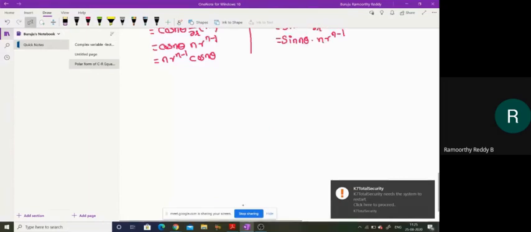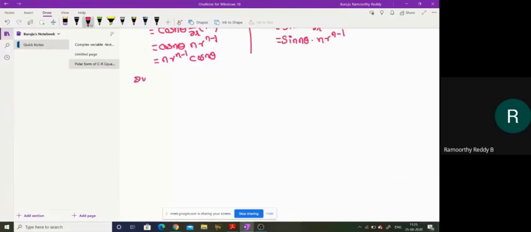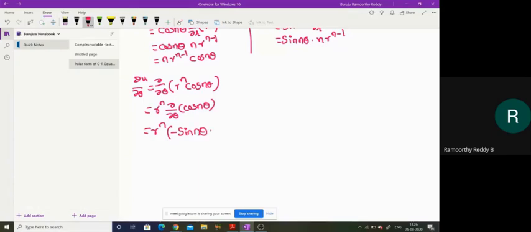All right. Now ∂u/∂θ. It is equal to ∂/∂θ of r^n cos nθ, right? Treating r^n as constant, we take ∂/∂θ of cos nθ, which is minus sin nθ into again ∂/∂θ of nθ, which is nothing but n.